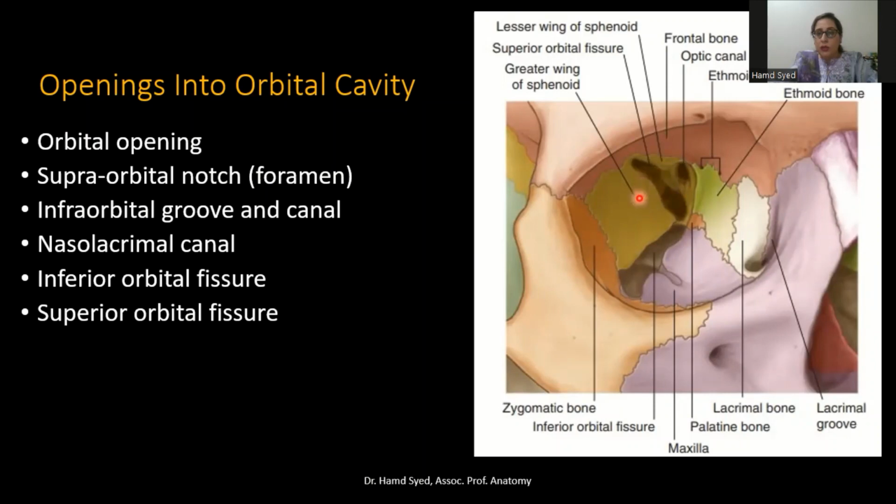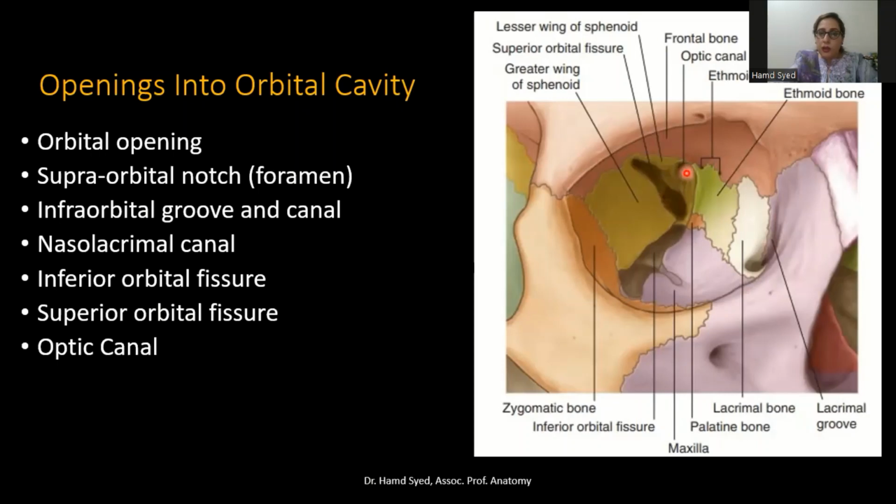This is present between greater and lesser wings of the sphenoid bone. The superior orbital fissure is important because it transmits all the nerves which are going to supply the extraocular muscles involved in eyeball movement. That is the oculomotor, trochlear, and abducens nerves, as well as the frontal, nasociliary, and lacrimal nerves, and also the superior ophthalmic vein.